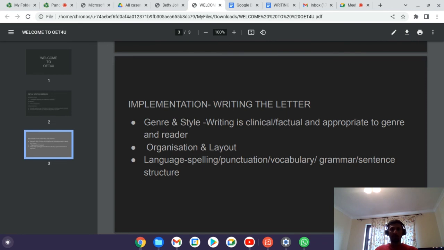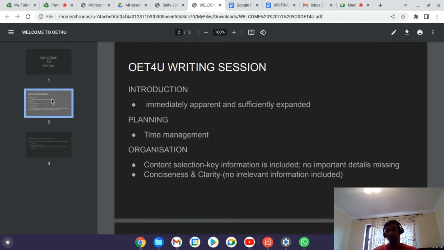You can draft your introduction. So your introduction is done and you have selected all the important information to explain what happened to that patient while the patient was in your care. Okay, so we are going back to the introduction itself. That means the purpose of the letter should be immediately apparent and clear from the introduction.